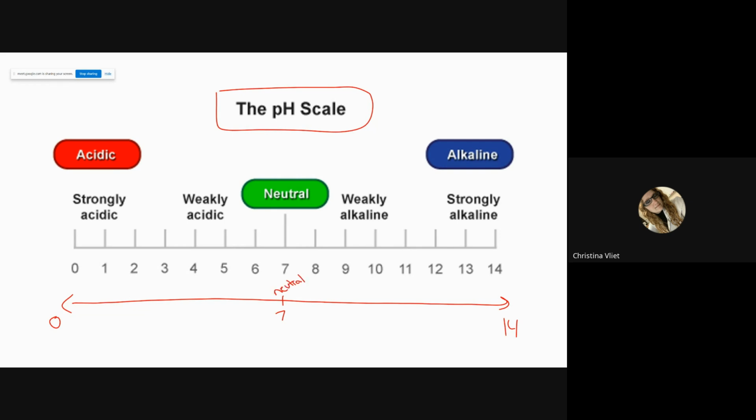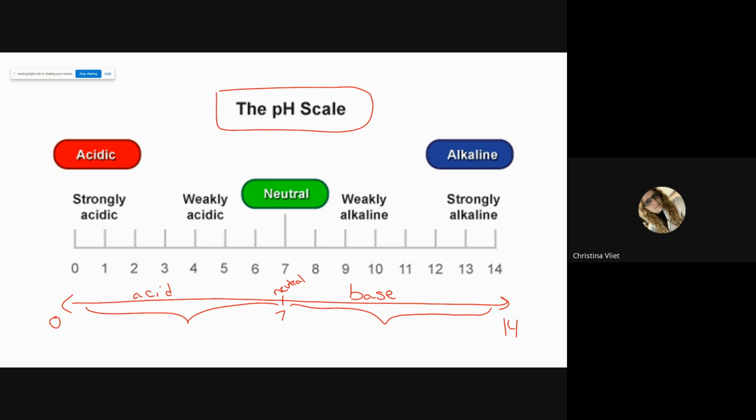Anything between 0 and 7 is acid, right? An acid solution. And anything between 7 and 14 is a base solution. But what does that actually mean about the solution, about the chemicals that are in the solution? That's what I'm interested in covering as a chemist with you.